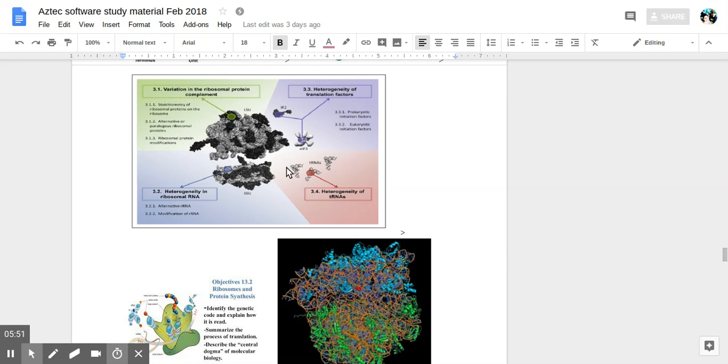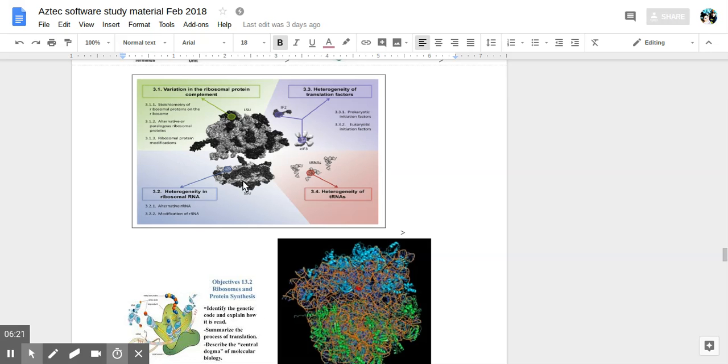So this is just showing what the ribosomal units look like. You have the ribosomal RNA and ribosomal proteins combined with the RNA. The proteins, I guess, are in black, and the RNA is in white or a light color, like gray.